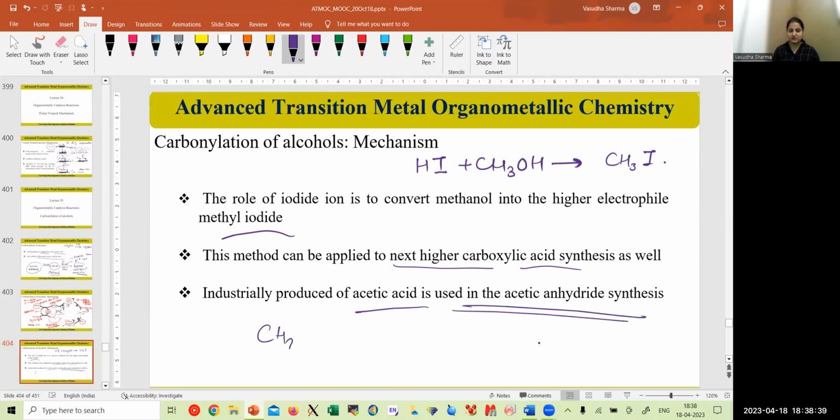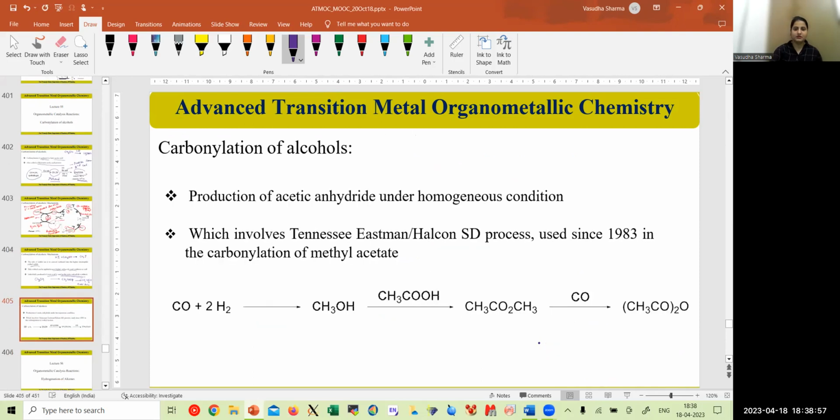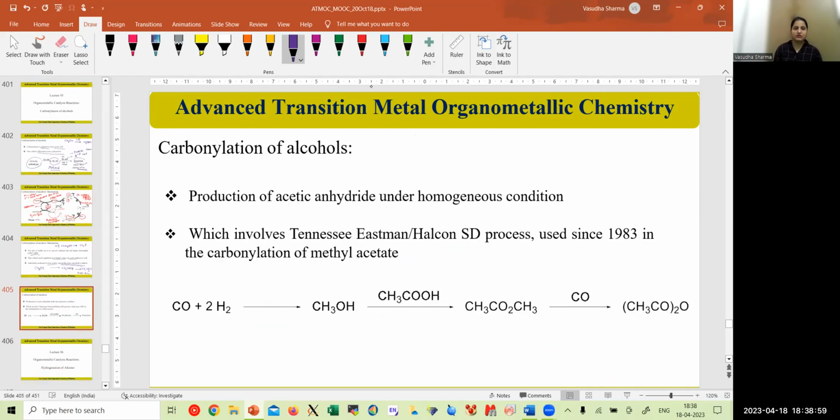So firstly, we produce the methanol from the synthesis gas. Then from there, we produce the acetic acid. Now this could be used in producing acetic anhydride. So now, the carbonylation of the alcohols, the production of acetic anhydride under homogeneous conditions, involves the Tennessee-Eastman or Halcon SD process for the carbonylation of methyl acetate.